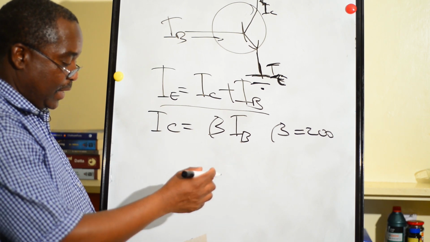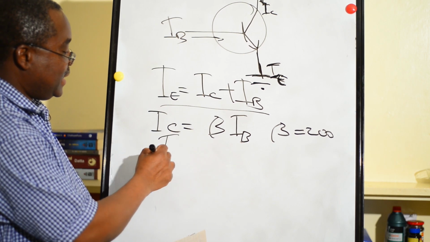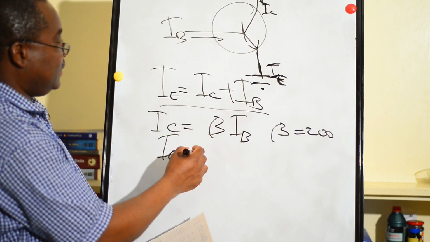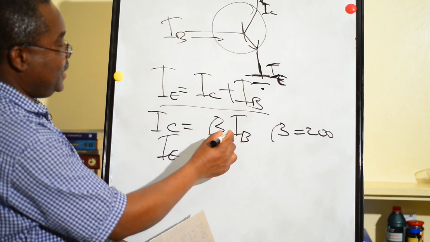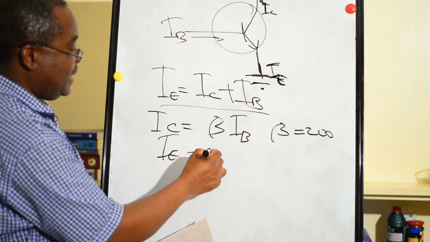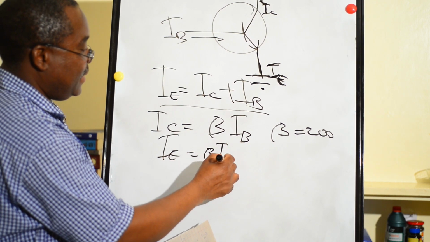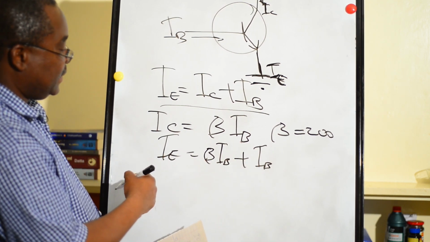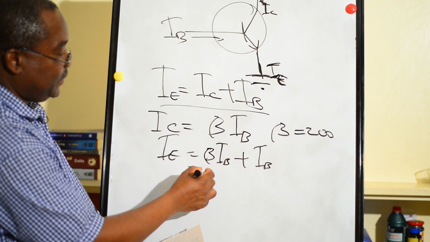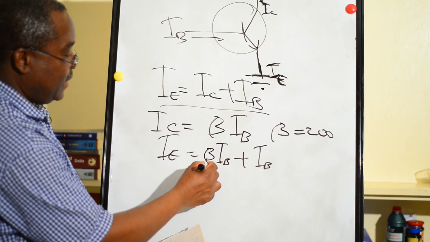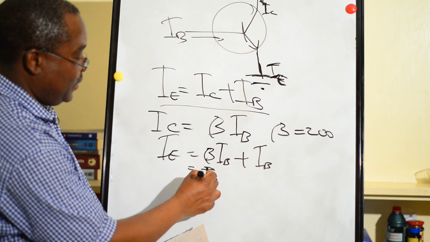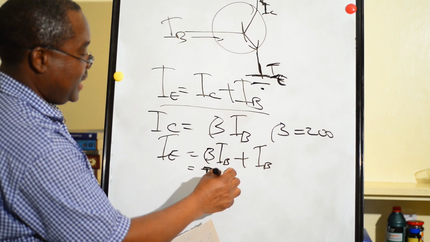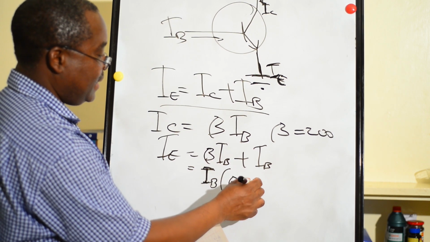So if we want to know the emitter current, the formula is IC, which is beta IB, plus IB. We put IB outside the bracket, and we have beta plus 1 here.